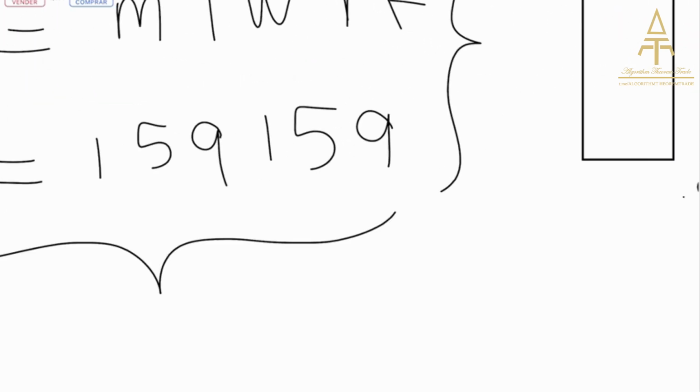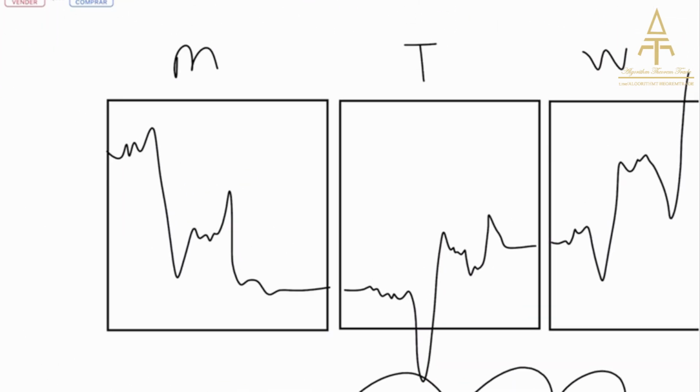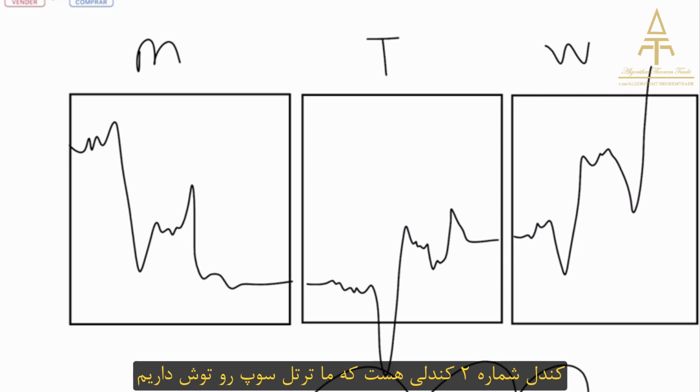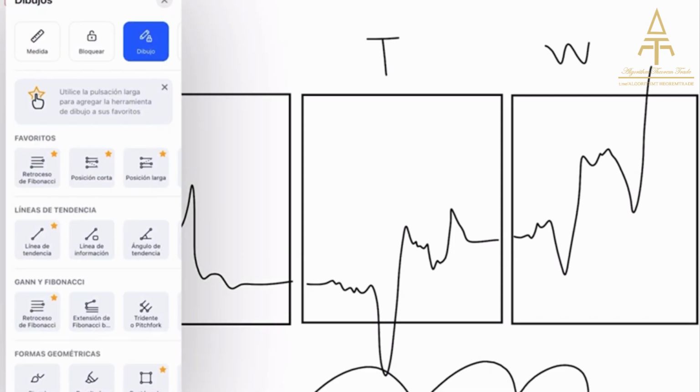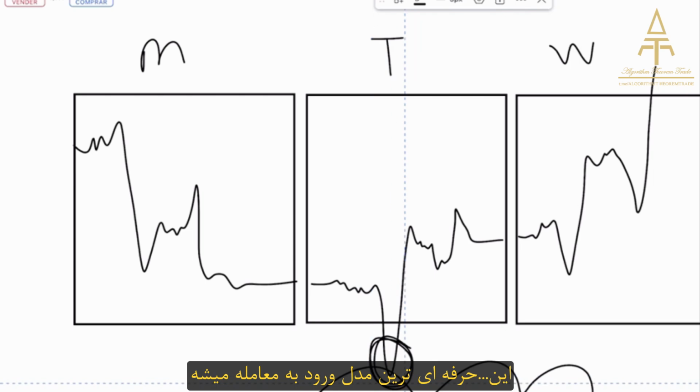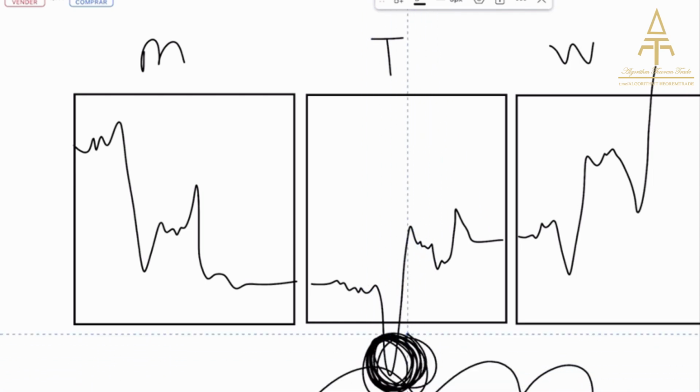All right? Now, within each candle, candle number 2 is the candle which will have the turtle soup. This is the most advanced entry model.